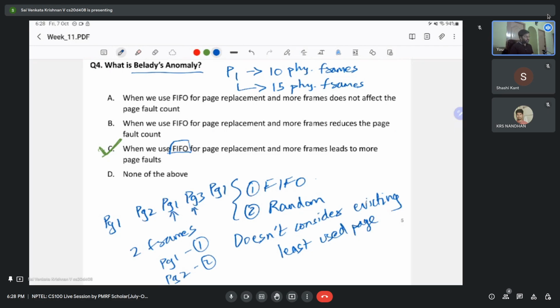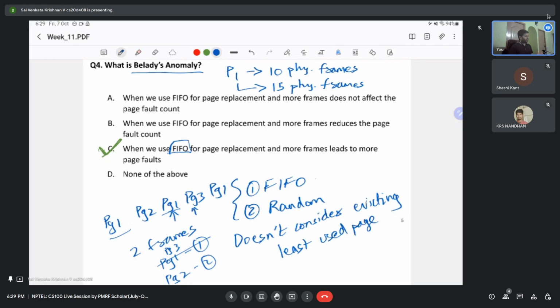And when it comes to page 3, based on FIFO it will blindly take out page 1 from memory and allocate page 3. But page 1 is being referenced twice, more than page 2. So page 1 is more frequently used than page 2.